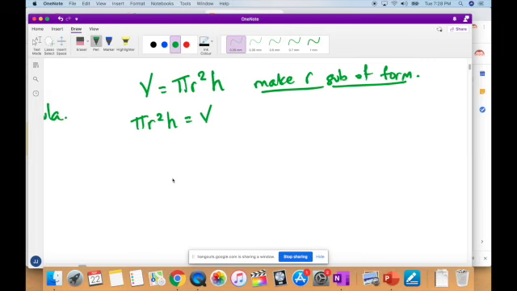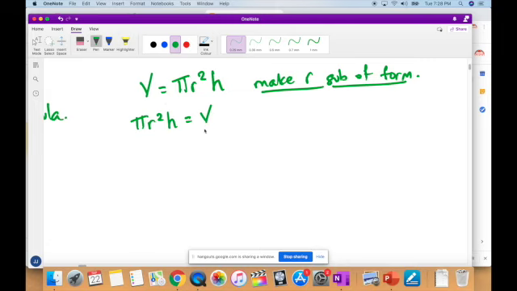Transpose everything else. Alright, I like that too. So what is everything else? Pi, one of the R's and the H. My problem is, how am I going to throw one of the R's over here if I want R to be the subject of the formula? I like where it was going though. We don't have to tackle the R yet.